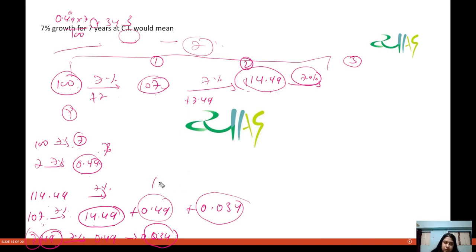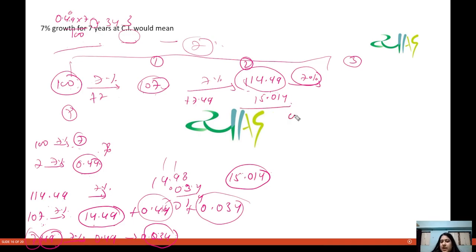So this will become 14.98, plus 0.034, we get 15.014. Now you will just add this 15.014 here.